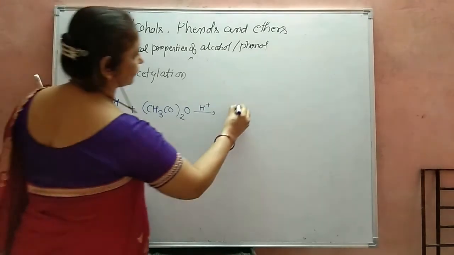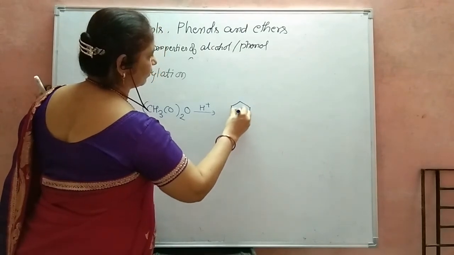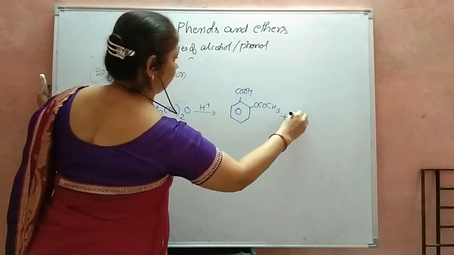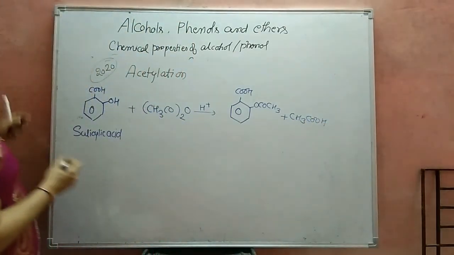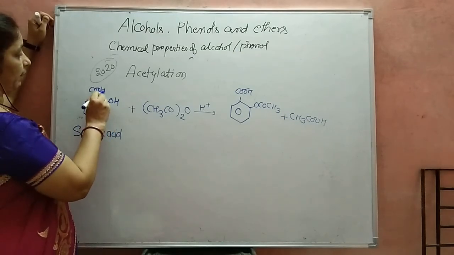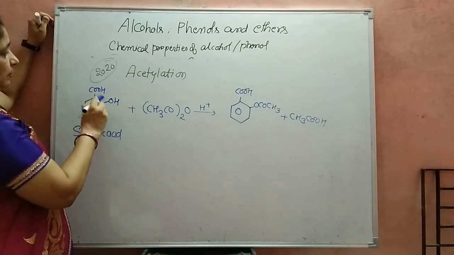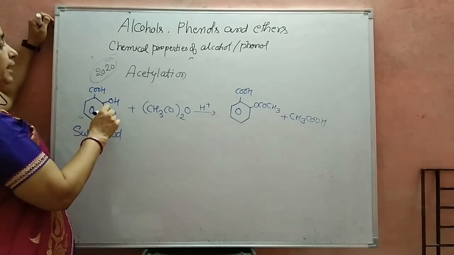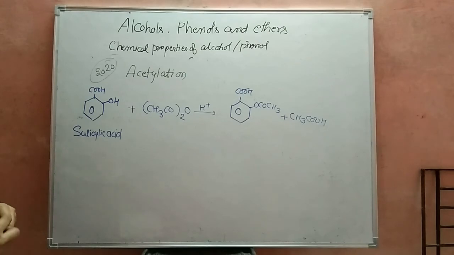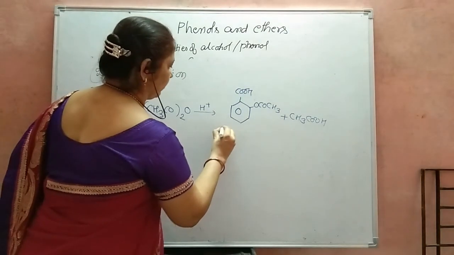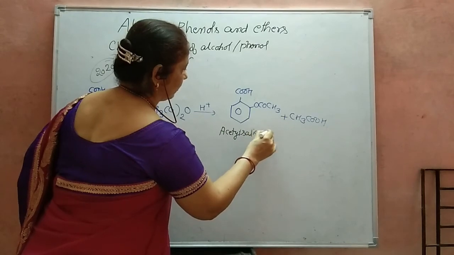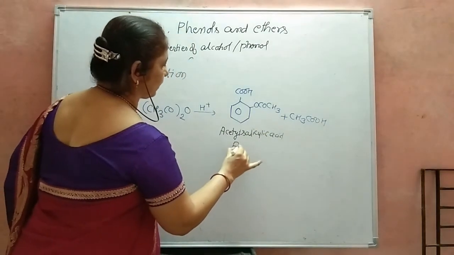Compound is formed. देखिए यहाँ पर भी OH है, यहाँ पर भी OH है, लेकिन ये वाला क्लीवेज नहीं होगा. क्लीवेज कौन सा होगा? ये वाला, क्योंकि ये कार्बोक्सिलिक एसिड है और ये फिनॉल है. तो this acetylation reaction फिनॉल पर होगी, कार्बोक्सिलिक एसिड ग्रुप पर नहीं होगी. और जो कंपाउंड फॉर्म हो रहा है that is acetylsalicylic acid. ये है एसिटाइल सैलिसिलिक एसिड. The common name of this one is aspirin.